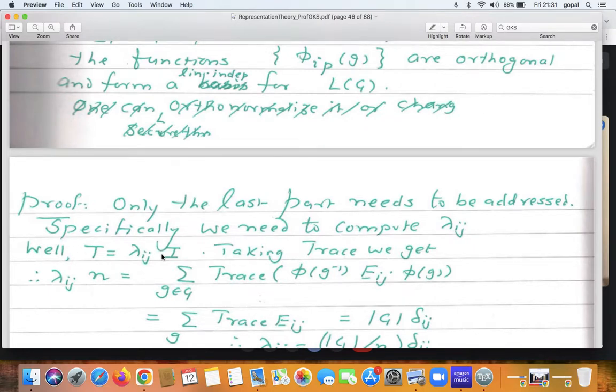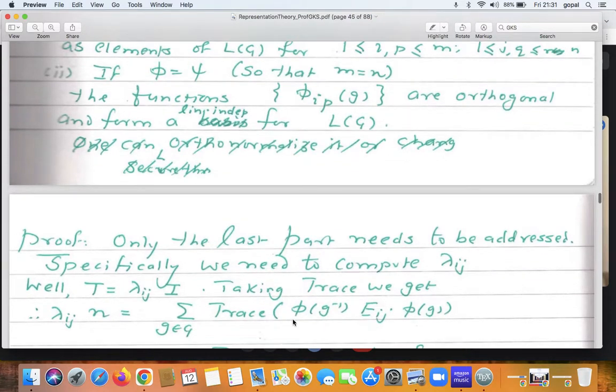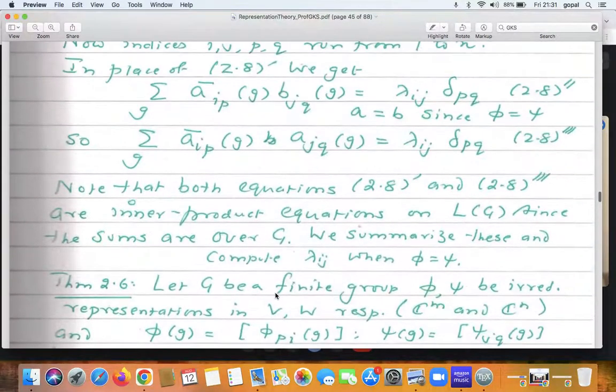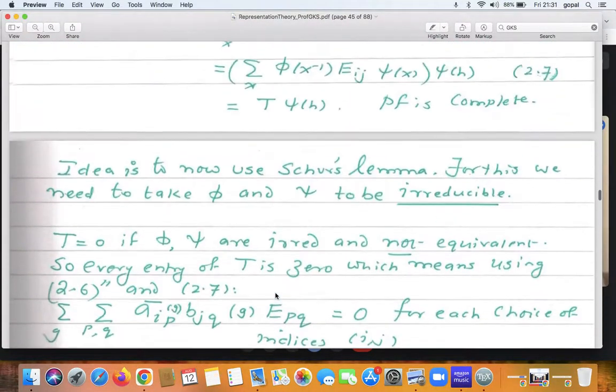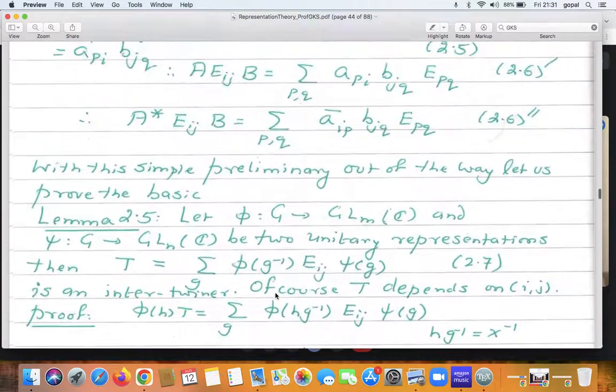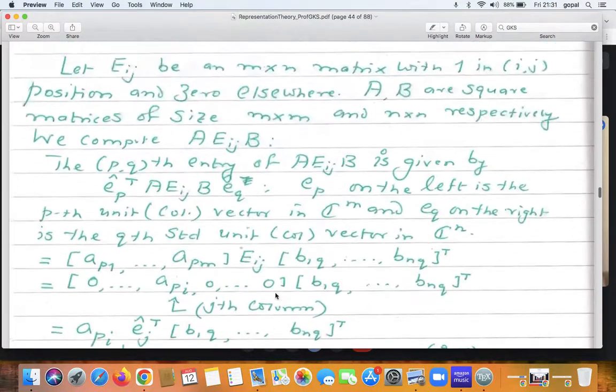What happens? Lambda_ij times n will be the summation over G of the trace of phi(g) inverse E_ij phi(g). Remember, that's exactly what we got here. We got the expression for T, the intertwiner.